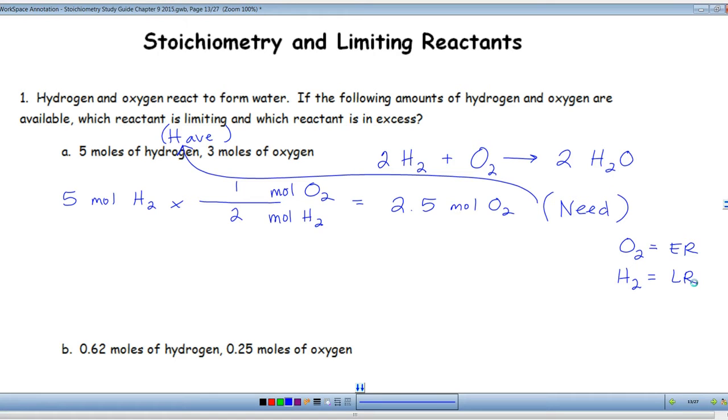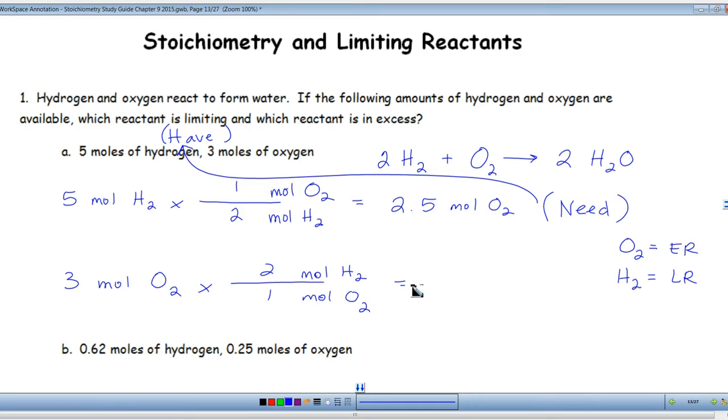Now the other option, you can really pick either reactant. So maybe I would have started with the 3 moles of oxygen. If I picked the oxygen, I would set up a little switch, cancel moles of oxygen, and switch it to moles of hydrogen. The ratio in the equation is 2 to 1. I always need twice as much hydrogen.